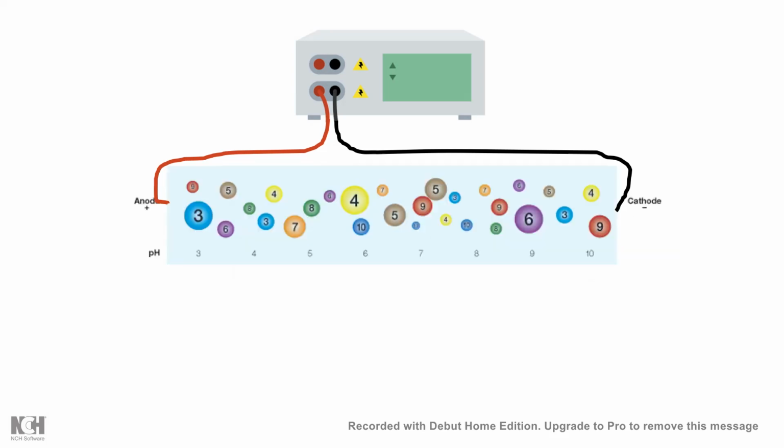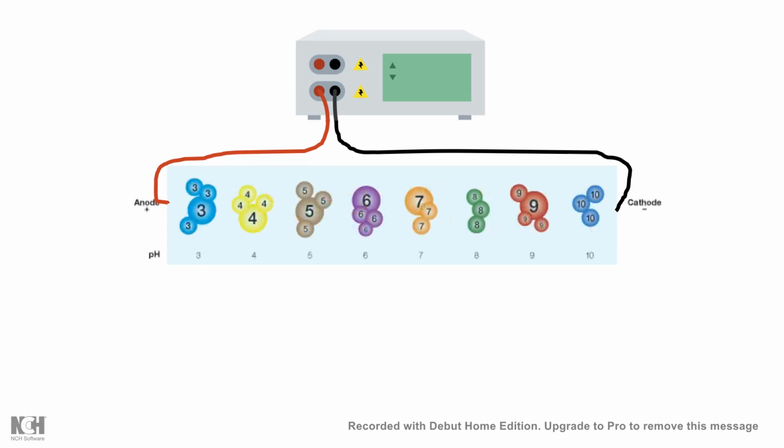So what we have in the beginning is several types of proteins of several sizes and several charges. At the end of this isoelectric focusing, all the proteins with a similar isoelectric point would come together and concentrate in the form of a band.